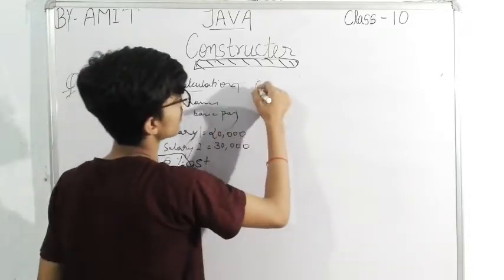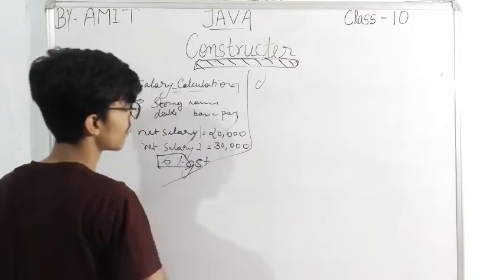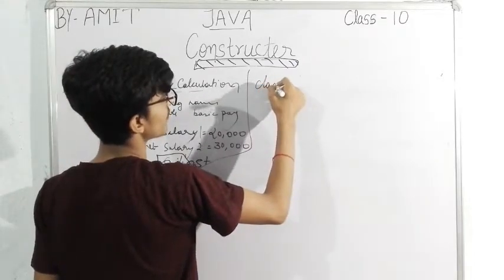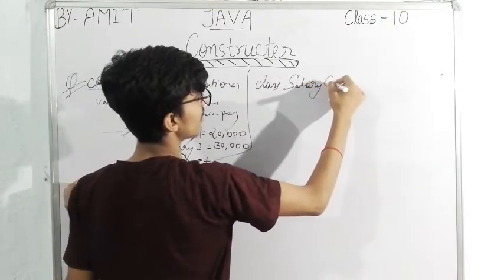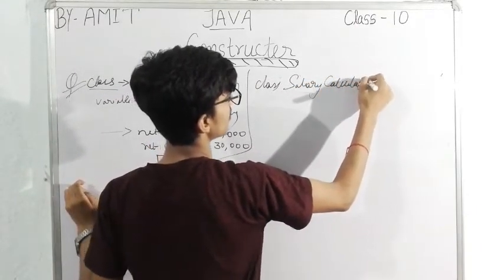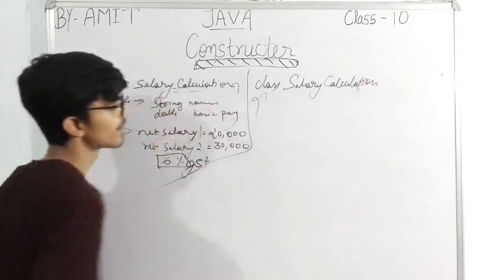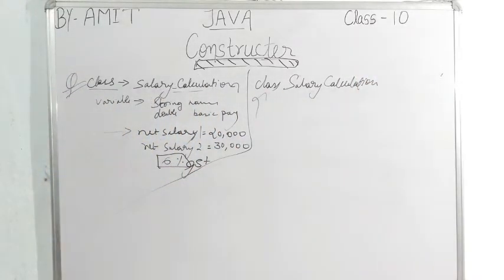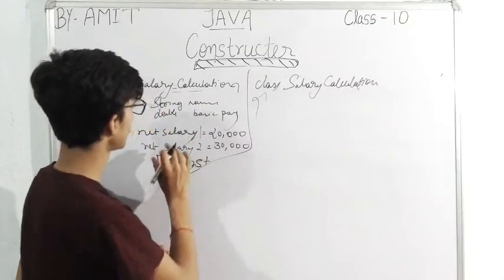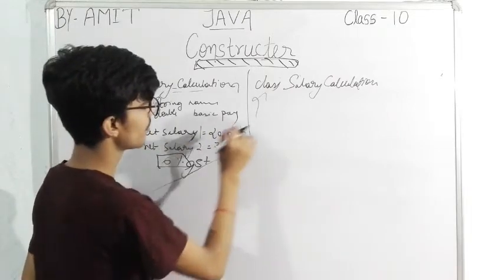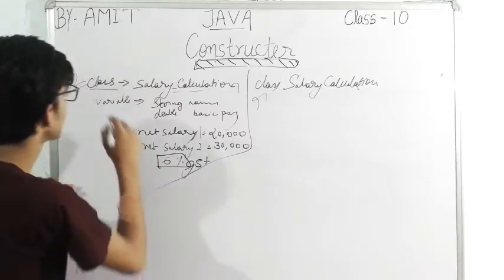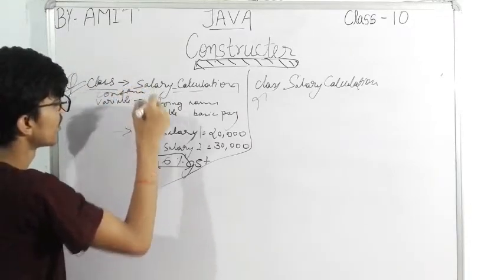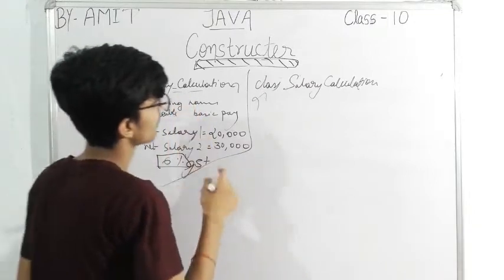So I will write first, class SalaryCalculation. After this, we will not write public static void main, but we'll use one constructor, because the question says constructor.